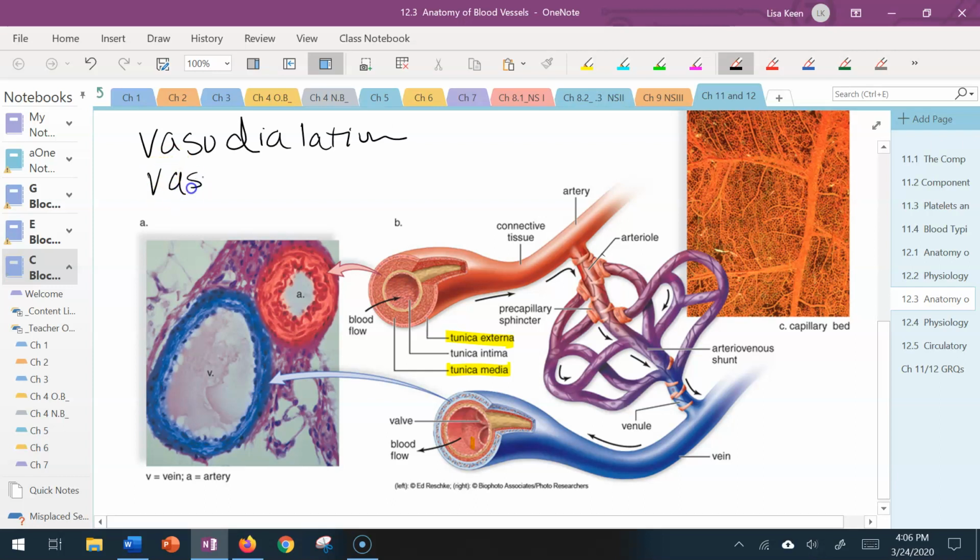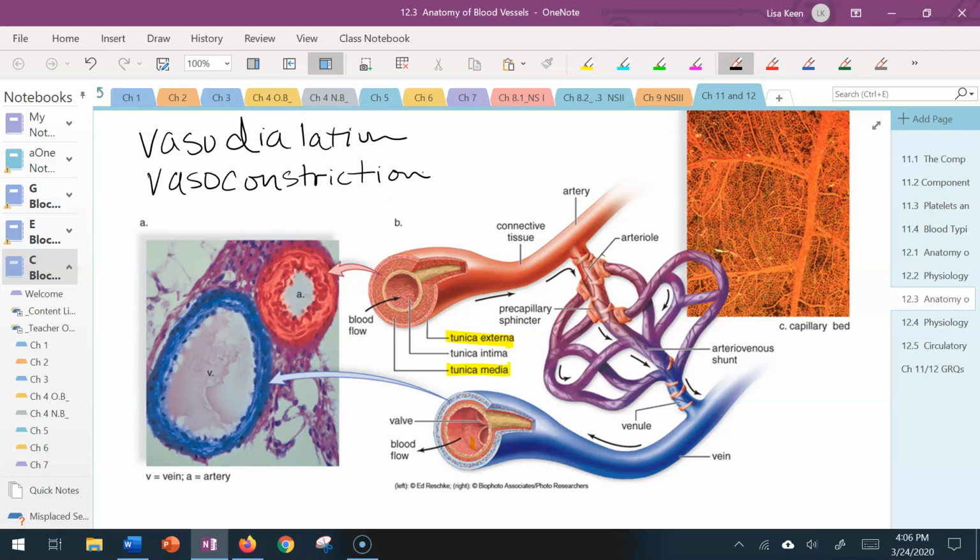On a cold day, if you're standing outside, vasoconstriction. On a cold day, if you were watching a parade and you were outside for a long time, and you look at your friend and you say, your lips are purple, that's vasoconstriction. So that's where the blood has pulled from the surface of the body, in order to conserve body heat, deeper into the body.